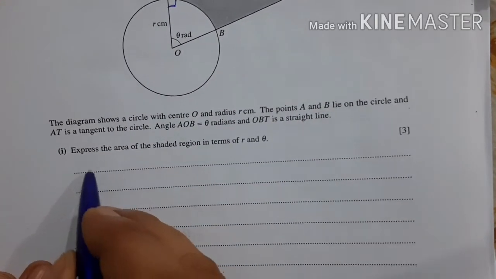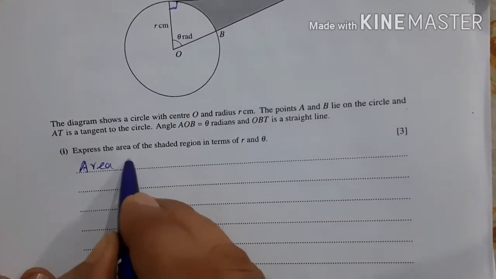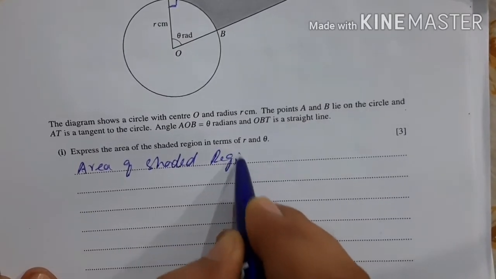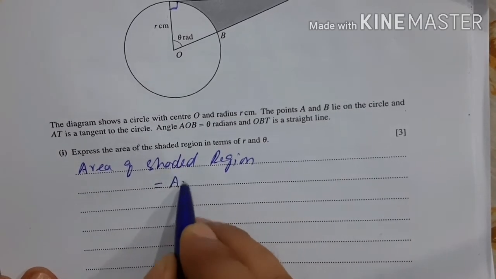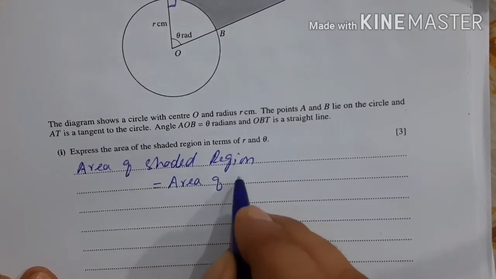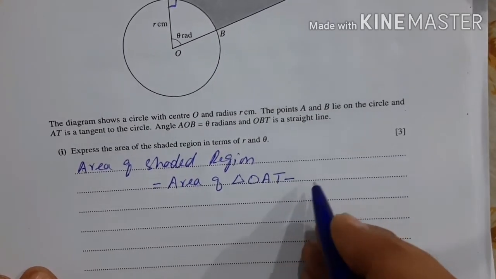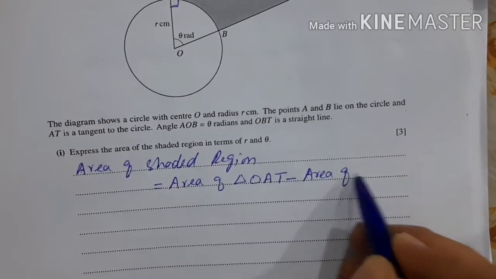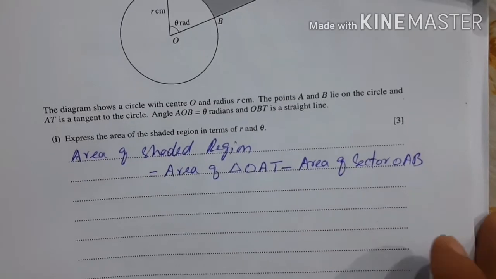So from the figure, the area of the shaded region is equal to the area of right angle triangle OAT minus the area of sector OAB.